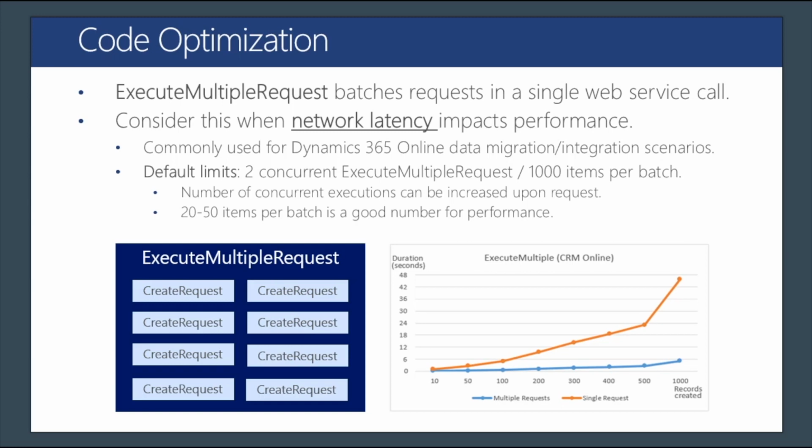So in that way, you can have 5 execute multiple requests running in parallel on an instance, which can improve the overall throughput for your migration or integration scenario. Again, if you have any performance challenges and you think that you need to increase the limit, please reach out to your fast track program manager, and they can assist you with that.